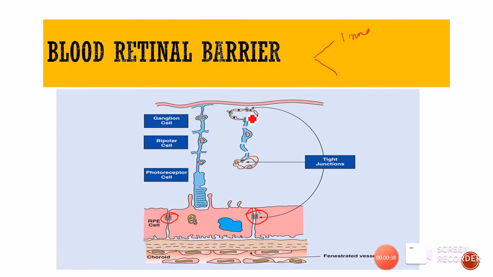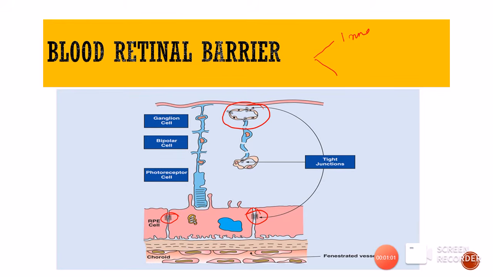Similarly, we have the inner blood retinal barrier, which is present in the retinal capillaries or retinal vessels. They also have very tight junctions, which do not allow the passage of plasma or anything into the retina. So fluorescein angiography actually permits a dynamic evaluation of any local circulatory disturbances.